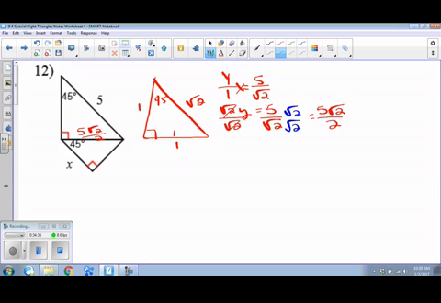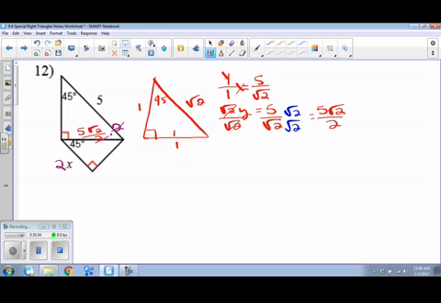So how do I easily make this not a fraction? Multiply by 2. 5 square roots of 2 over 2, to make that not a fraction, I just multiply it by 2. So when I do by 2, those cancel. But you have to do all 3 of the sides by 2. It's 2 separate problems.